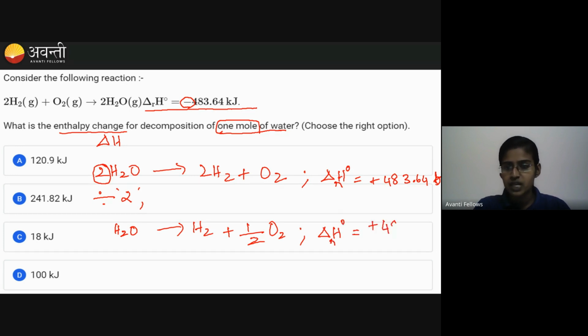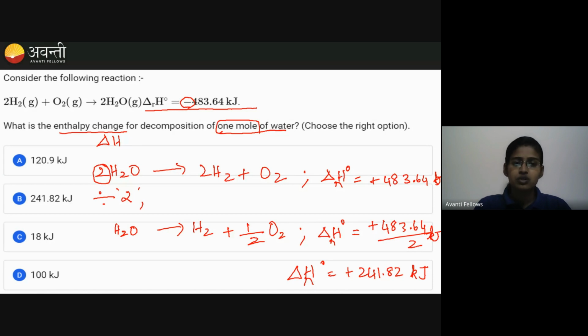So it is plus 483.64 by 2 kilojoule. If I divide these two, I will get delta H R naught is equal to plus 241.82 kilojoule. So the correct answer is option B.